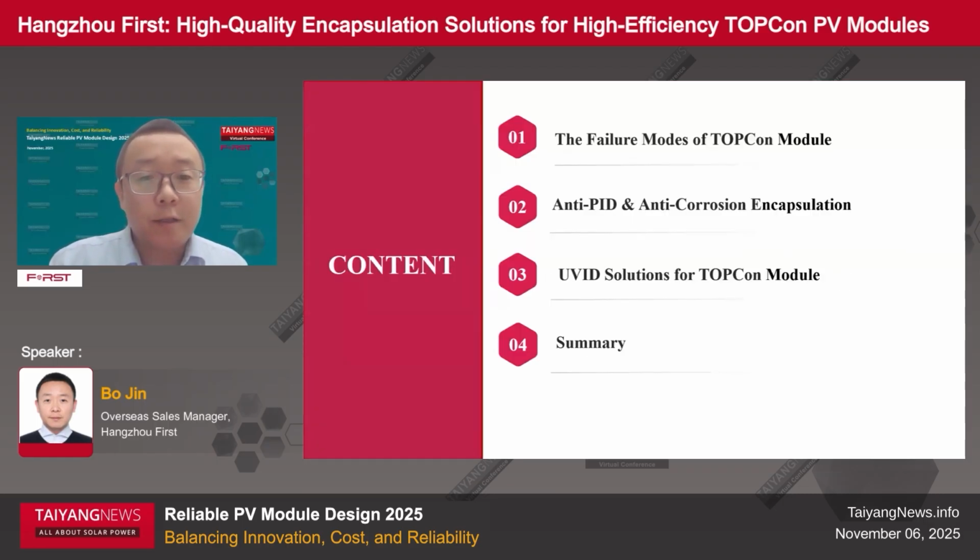So my presentation is with 4 parts. The first part is the failure modes of TOPCon module, and the second part is the anti-PID and anti-collision encapsulation solutions for TOPCon, and the third part is the UVID solutions for the TOPCon module, and the last part is the short summary.